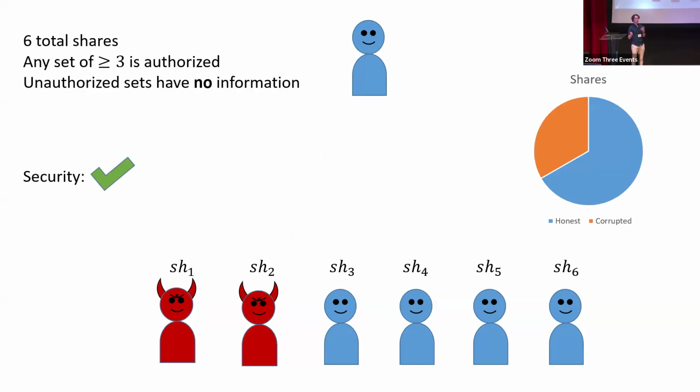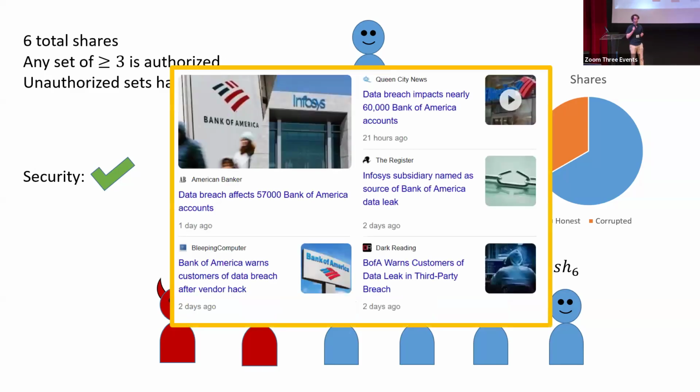So here on screen, we have a scheme where any 3 parties are authorized. And so if 2 storage providers decide to betray you and try to steal your data, we get security. On the other hand, the problem here is that data breaches are very common. So over long periods of time, the assumption that only 2 providers will be compromised might not really be realistic.